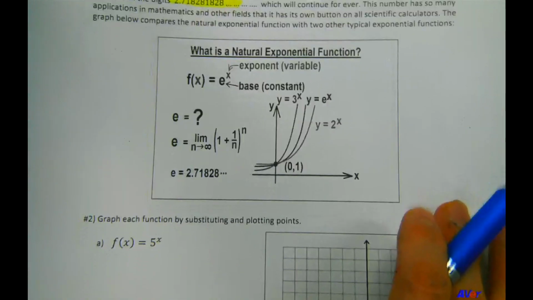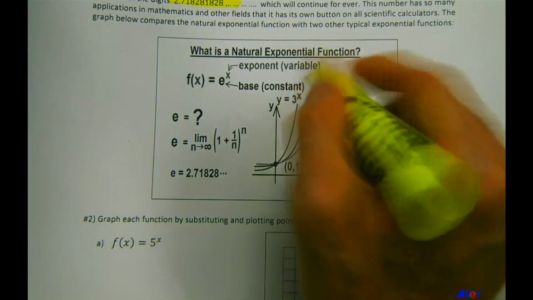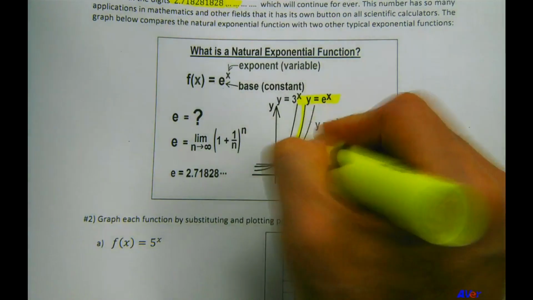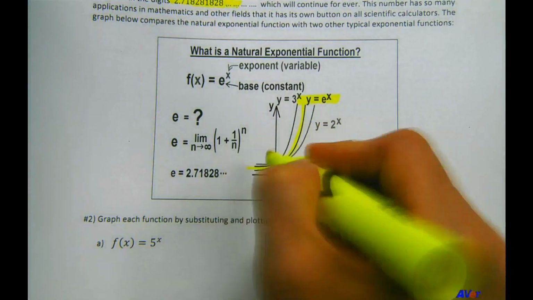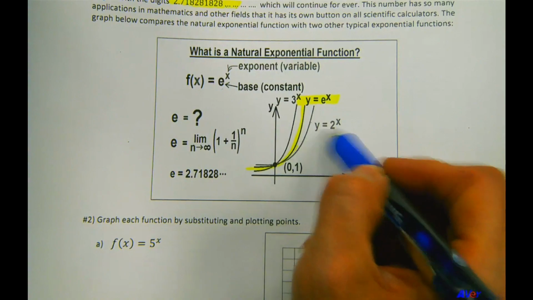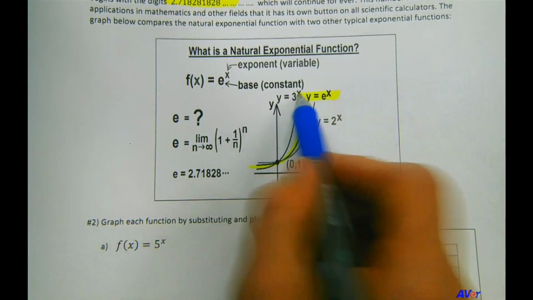But it's comparing the graph of the natural exponential function, which is the middle one. Let me highlight it. It's the middle line right there. With two other graphs of two other exponential functions, one being y equals 2 to the x, the other one being y equals 3 to the x.